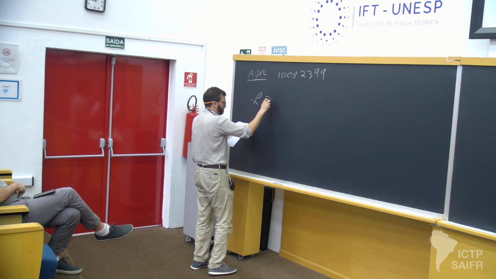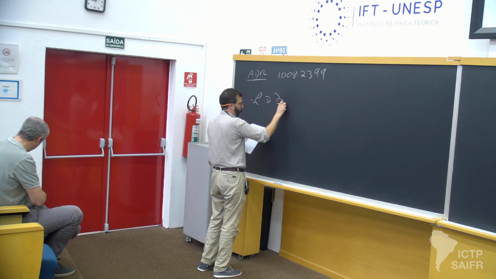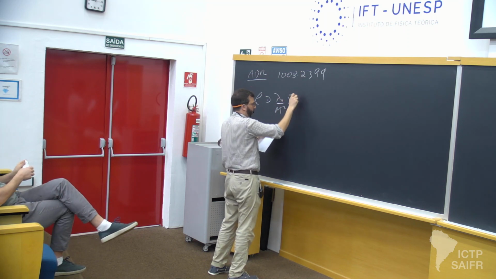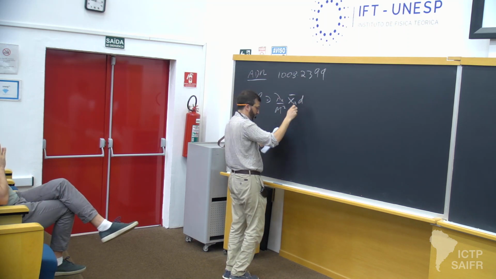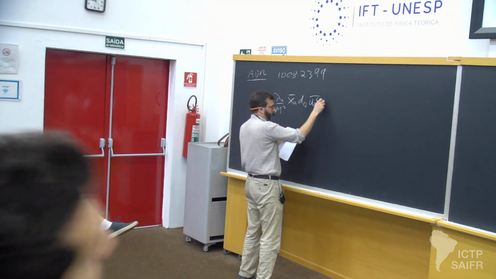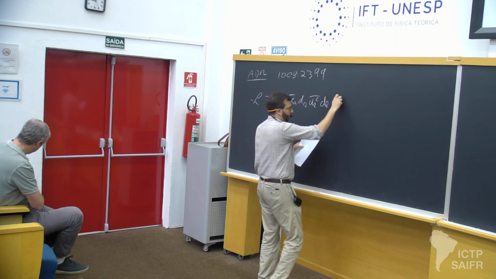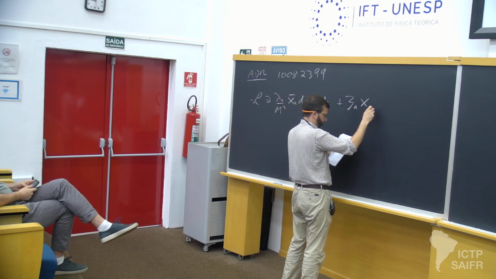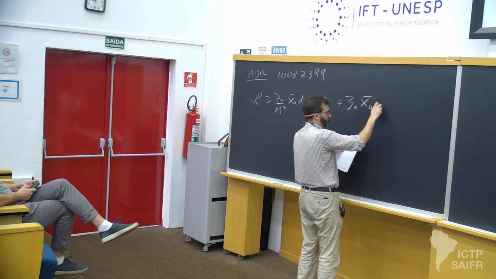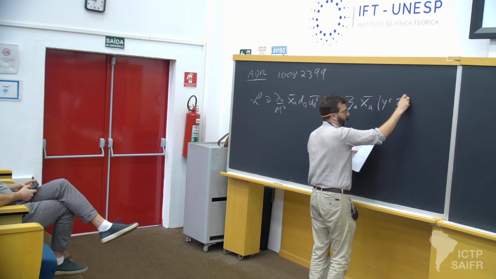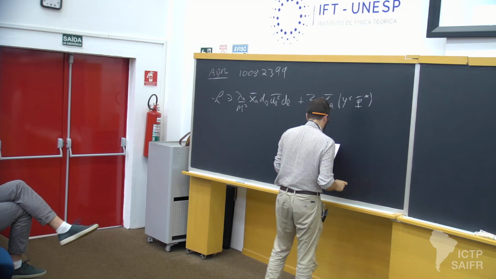So I remind you, this was the Lagrangian with an effective operator here, coupling this Dirac fermion to the neutron portal operator, and a Yukawa coupling of the Dirac fermion with what turns out to be our dark matter sector here.